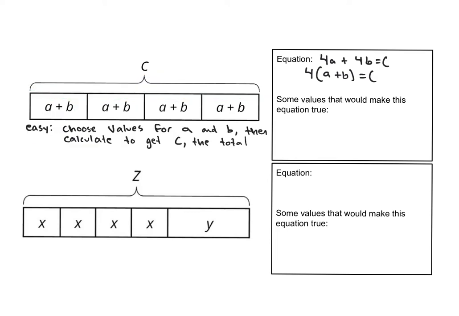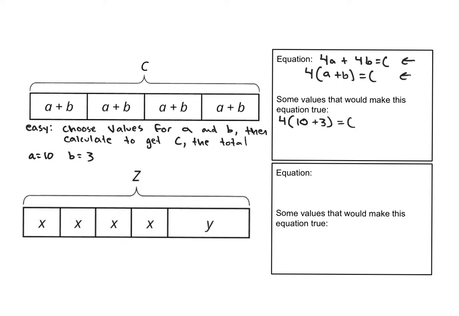So for our easy method, we can choose any 2 values for A and B, and then we'll just calculate and get C, the total. So I might choose, I'm going to say if A equals 10 and B equals 3, then I can just plug that into either of these equations over here and solve.